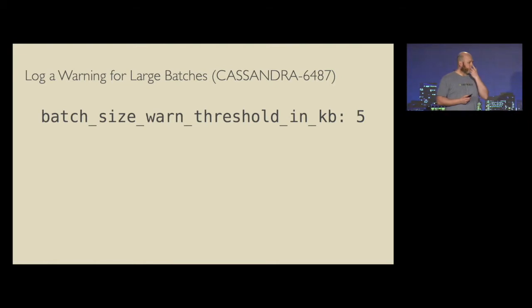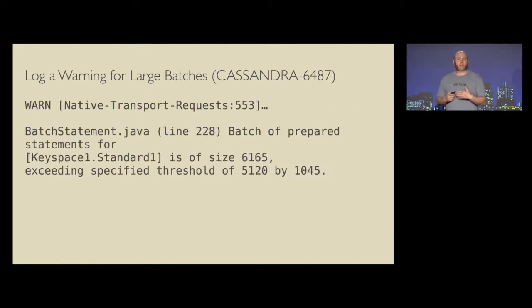And this is a quite small one, and I've just added it on here because a few people have asked about it. I've seen it around. This little setting, batch size warn threshold in kilobytes, if you send a batch and it is over 5 kilobytes in size, we log this little message. That 5 kilobytes is, I think, a little bit small.